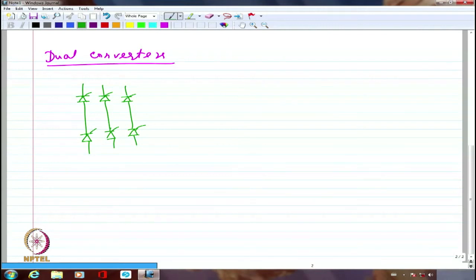And on the other side, I'm going to have again a similar converter connected in anti-parallel direction. So the two are in anti-parallel, and I'm going to have this as the DC link.